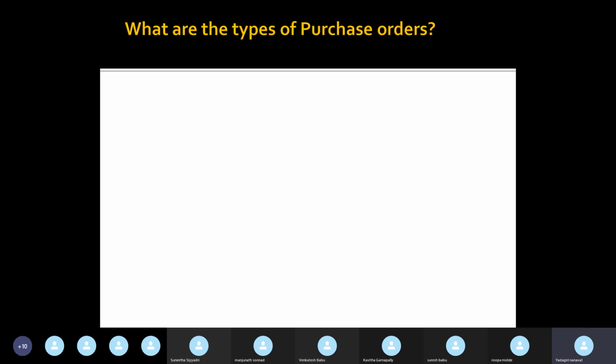What are the types of purchase orders? Can anyone have an idea of purchase orders? Actually, we have 4 types of purchase orders: standard purchase order, planned purchase order, blanket purchase order, and contract purchase order.